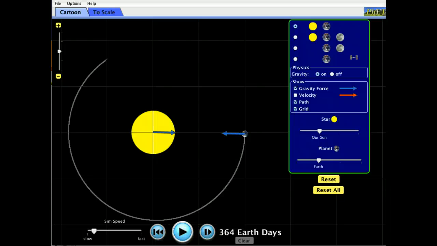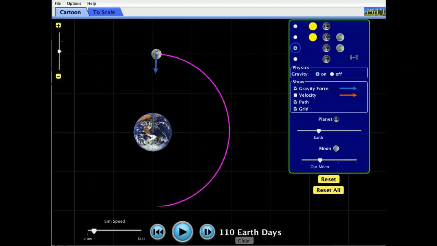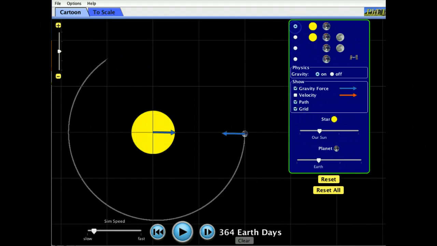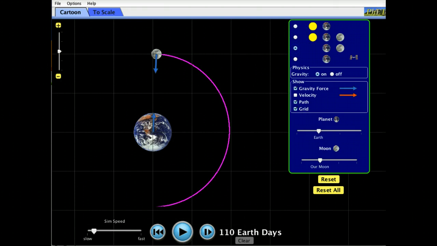This is part 2A. So what do these arrows represent? B, what do you notice about the size of the gravity force arrows between the Earth and the Sun, which is what you see now, and the Earth and the Moon? What do you notice about the size of those arrows? So here's the first size, and here's the second size. So if you notice anything, that's part 2B.